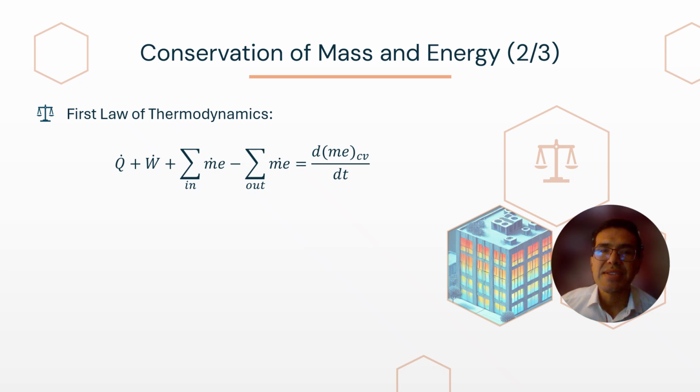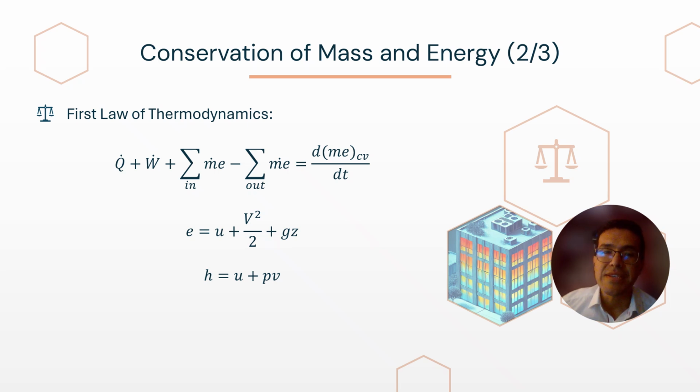E is the specific energy content of the flow stream, that is the sum of the internal, kinetic, and potential energy. The total work of a control volume also includes the work associated with pumping fluid in and out of the control volume, the term called the flow work.